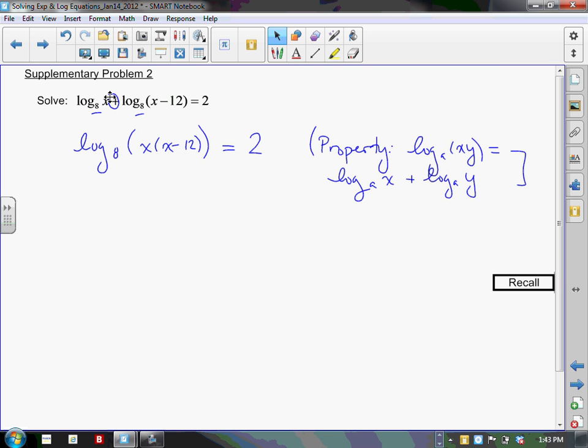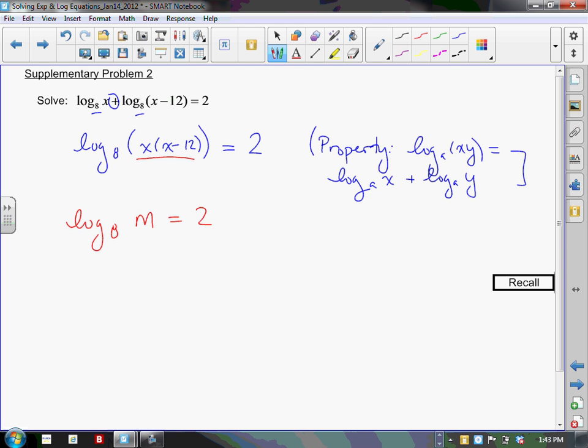Let's just say that quantity x multiplied by x minus 12 was nothing more than some other expression. In fact, let's say it was the log of some other variable, call it m, call it what you like, was equal to 2.